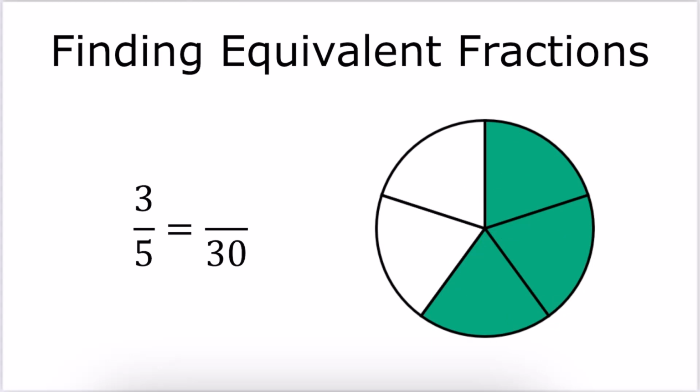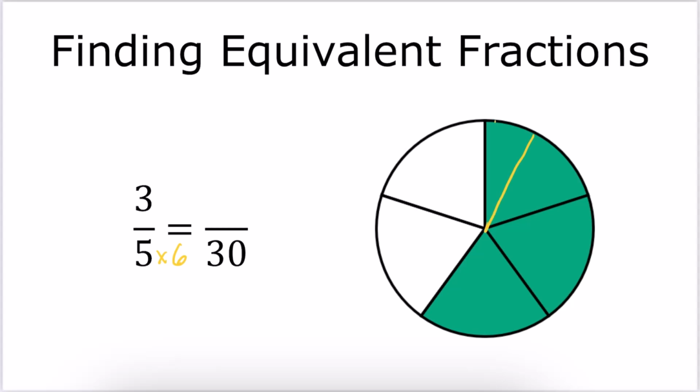So for example, if I wanted to find a fraction that was equivalent to 3/5 that had a denominator of 30, I would want to divide each of the pieces up into smaller pieces because 5 times 6 is 30.